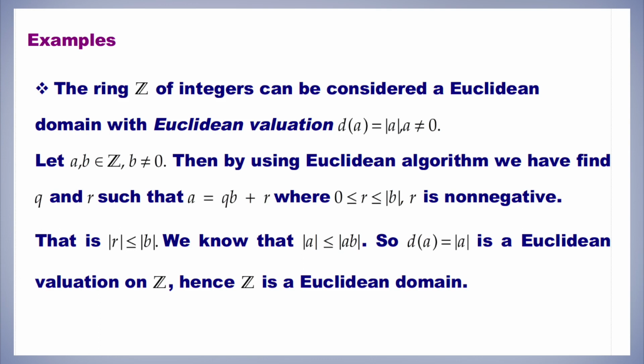Then by using the Euclidean algorithm, we can find q and r such that a equals qb plus r, where r is non-negative, that is, r is less than |b|. We know that |a| is less than or equal to |ab|. So d(a) equals |a| is a Euclidean valuation on Z, and hence Z is a Euclidean domain.